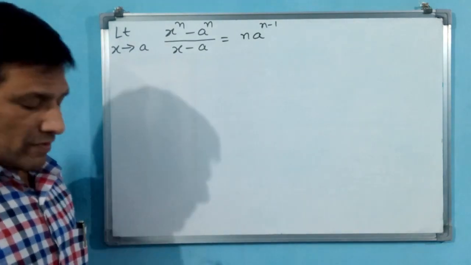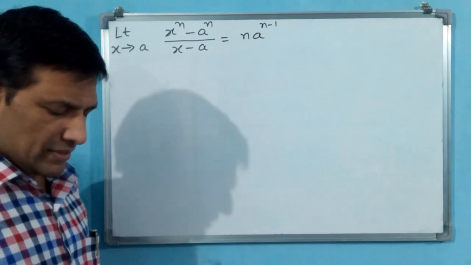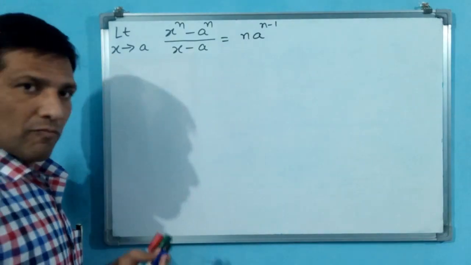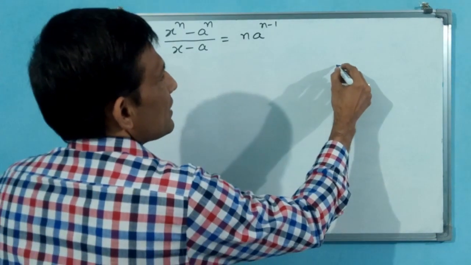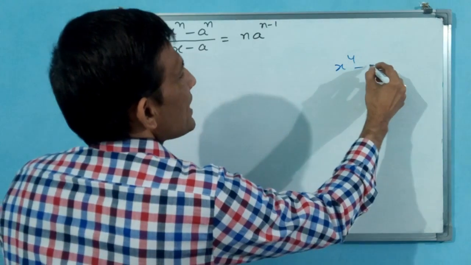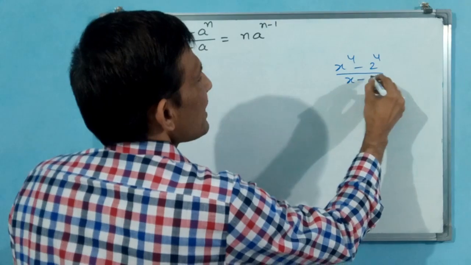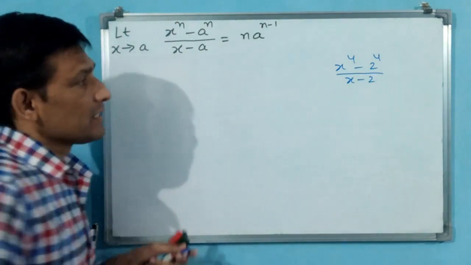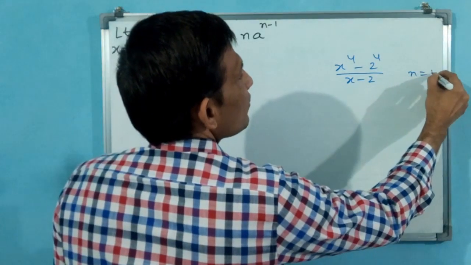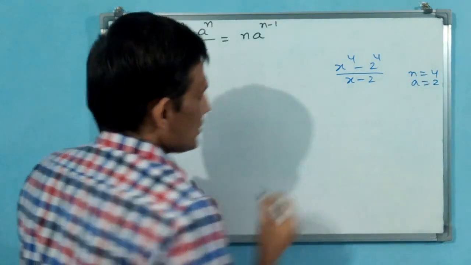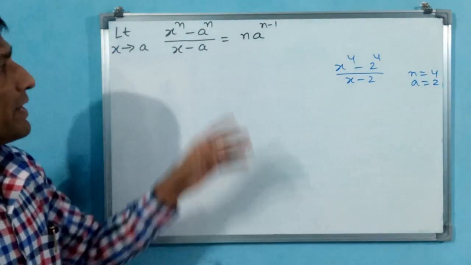See, I am writing like this, you see here. One example also I am writing here. X to the power of 4 minus 2 to the power of 4 divided by x minus 2. Is it correct? Here n is equal to 4, a is equal to 2. First you observe carefully, compare.